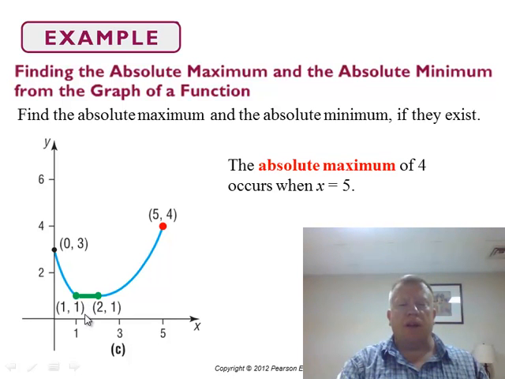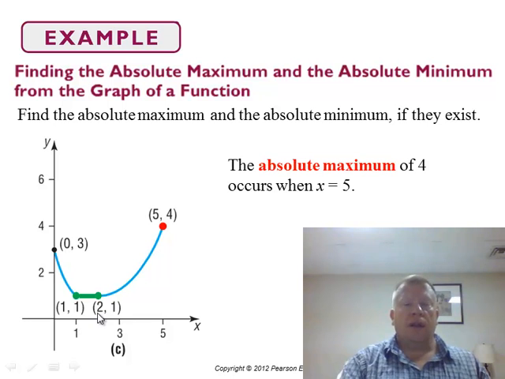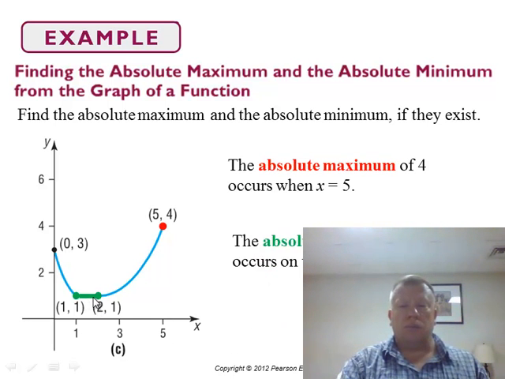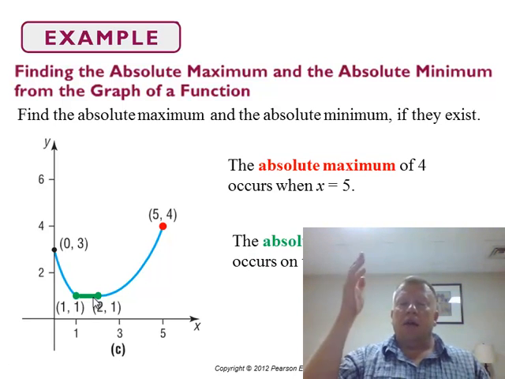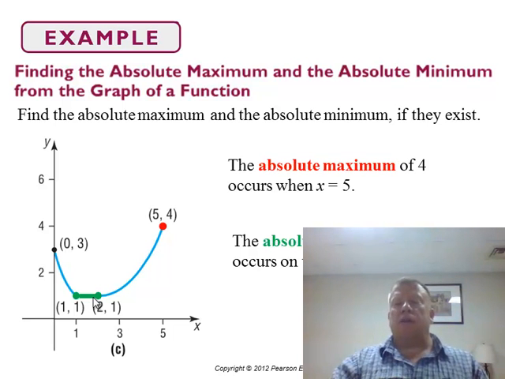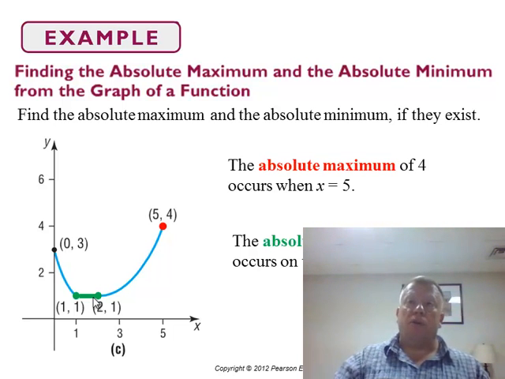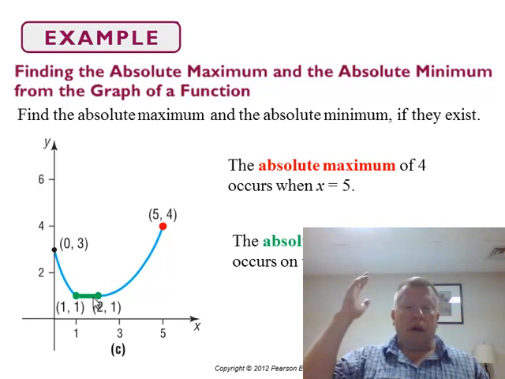It's going to be on the interval from x equals 1 to x equals 2 that you're going to have a minimum value of 1. So one of the takeaways here is that you could have extreme values that happen at multiple values of x. And not only that, you could have these extreme values happen along intervals.